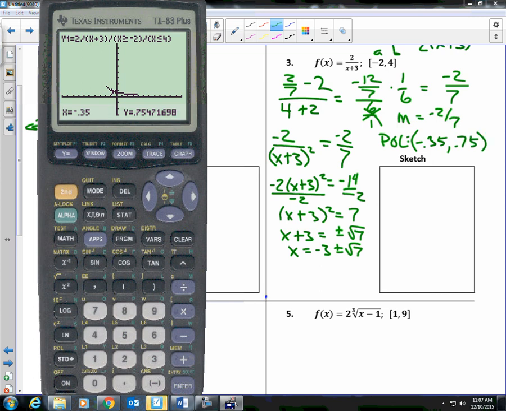And I now write my equation for my line. The slope is -2/7, so y minus 0.75 equals -2/7 times x plus 0.35.